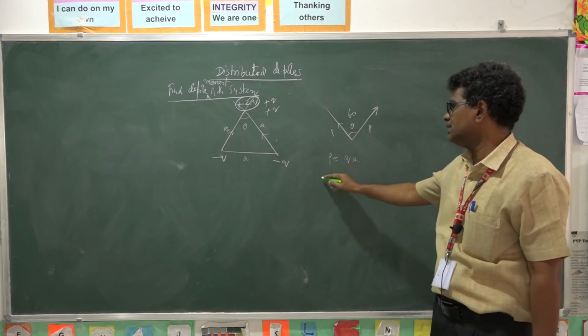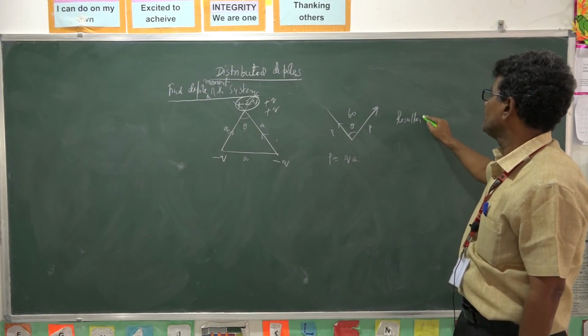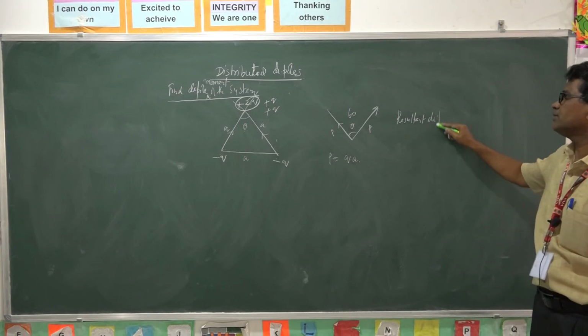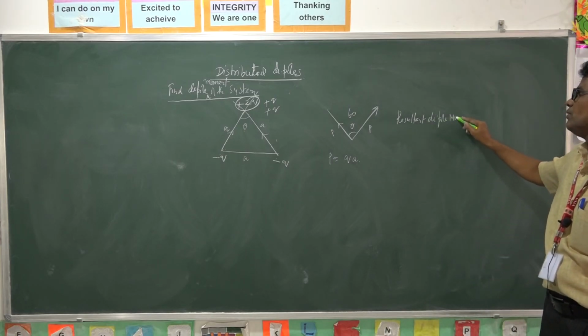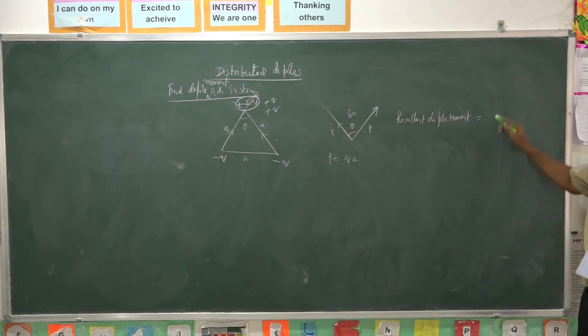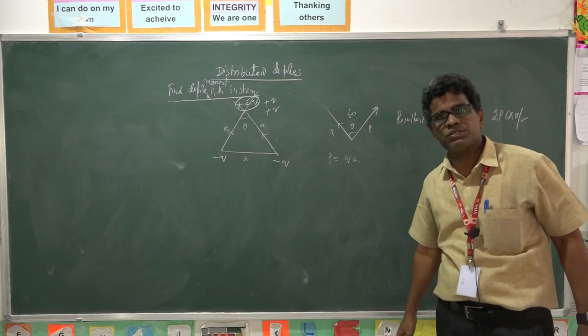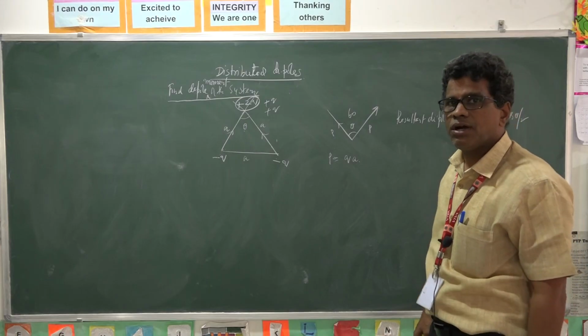Then what is the resultant dipole moment of the system? We have 2P cos theta by 2. Otherwise you can use the parallelogram law: square root of P1 squared plus P2 squared plus 2 P1 P2 cos theta.